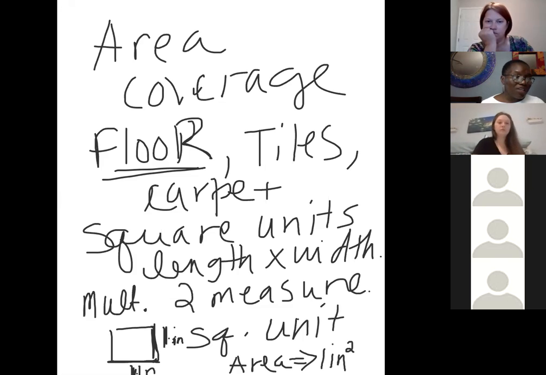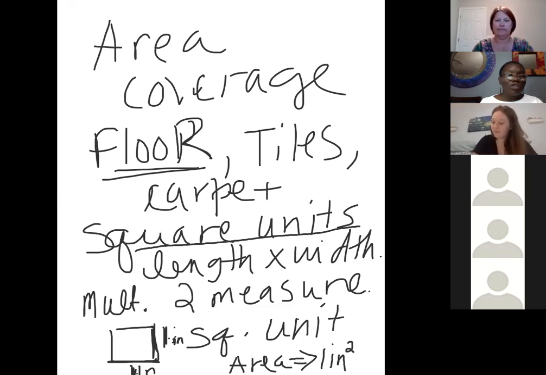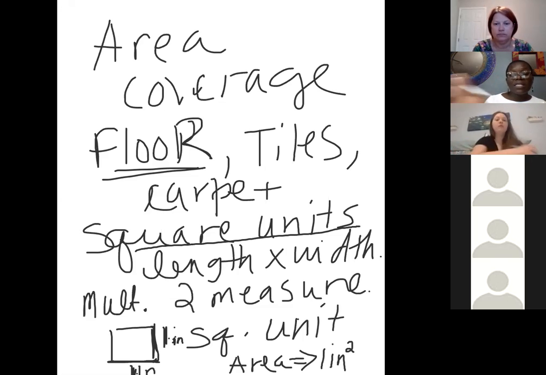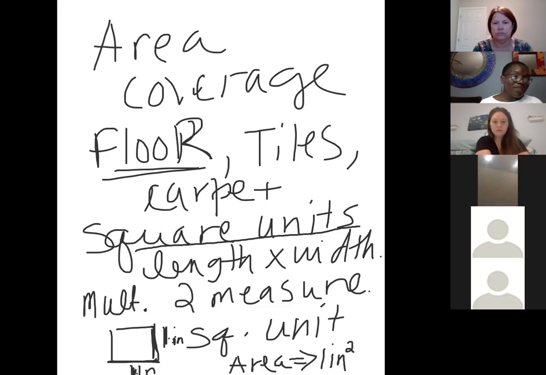Area, when you measure it in square units, has to do with coverage, like finding the amount of tiles you need to put on the floor of your home, or the amount of carpet you need for the floor of your room. And so when you're measuring area, you are measuring a length as well as a width. So area has to do with coverage.